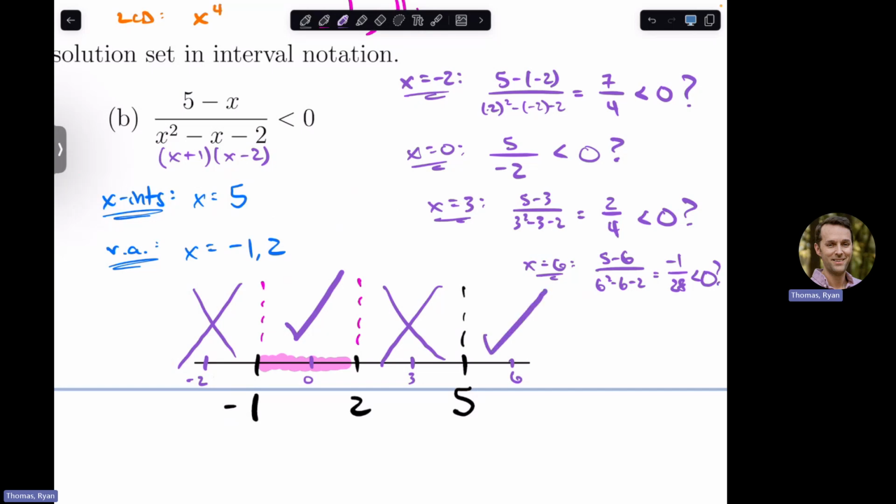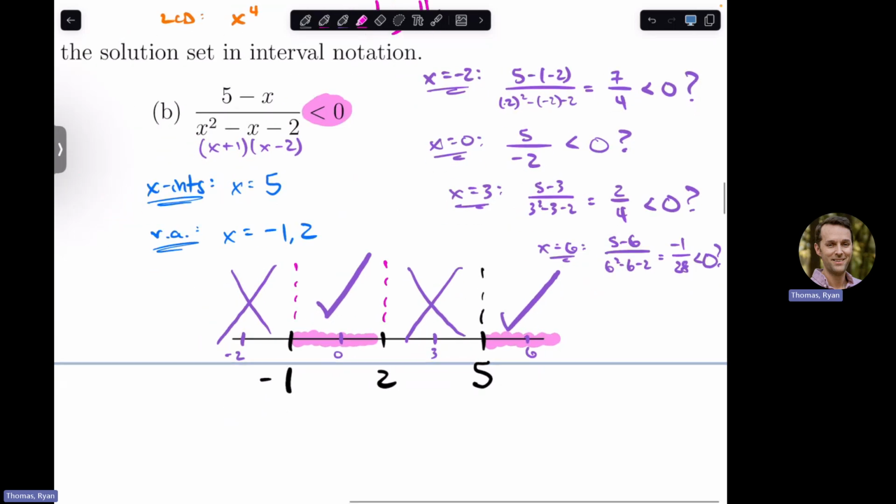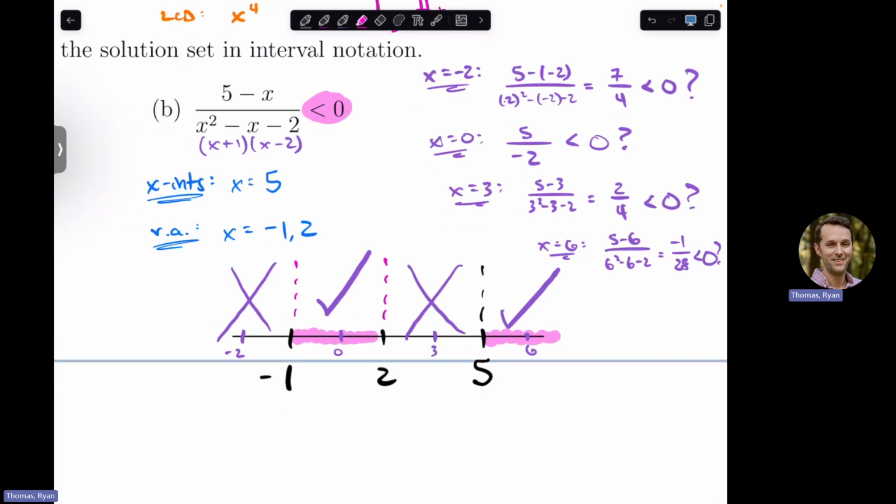That's negative. So yes, because the inequality was less than 0, right? Again, don't read into the fact that it's alternating, right? It's just what happened here.